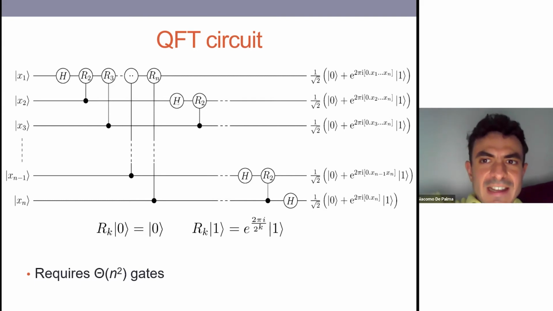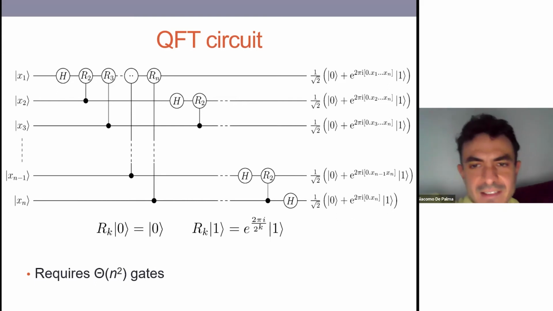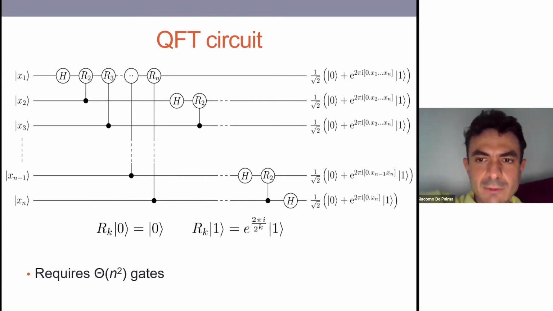So we first apply the Hadamard gate to obtain this 0 plus e to the 2 pi i 0.x2 state 1. And then we apply all the rotations which are controlled by the following qubits, which build up the rest of the decimal expansion of this number. And then this goes up to the last qubit n. And of course, in this last qubit, we apply only the Hadamard gate that puts it in this superposition of states 0 plus e to the 2 pi i 0.xn 1.